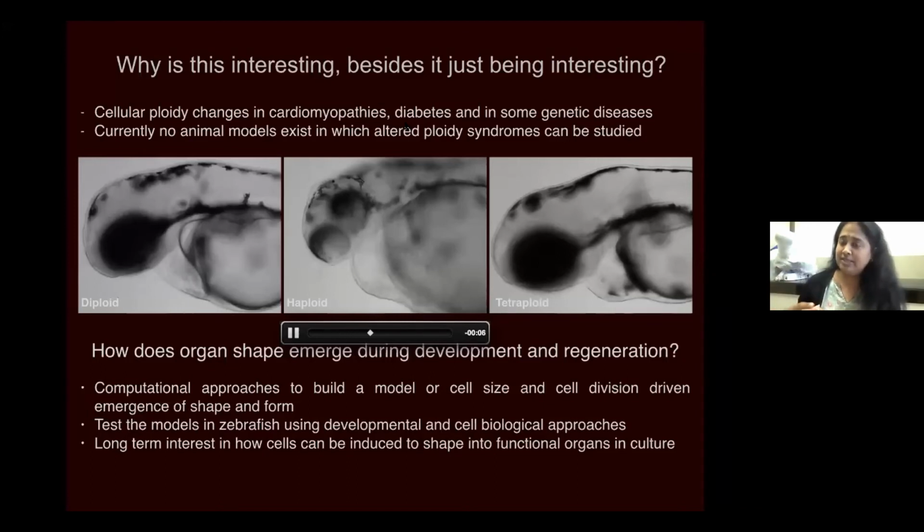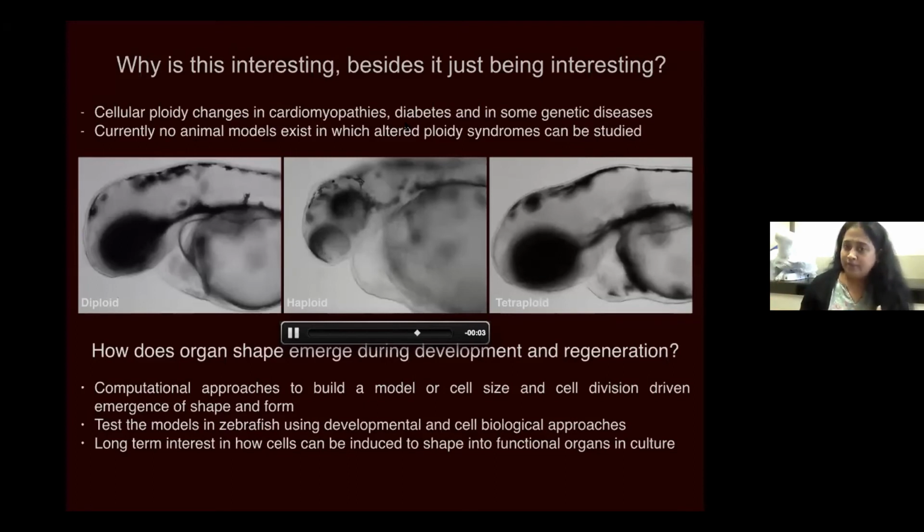These are resident stem cells in the bone marrow, megakaryocytes, and they're polyploid cells. The modal ploidy is something like 8 or 16 copies of DNA, and that shifts to 32 or 64 in diabetic individuals.